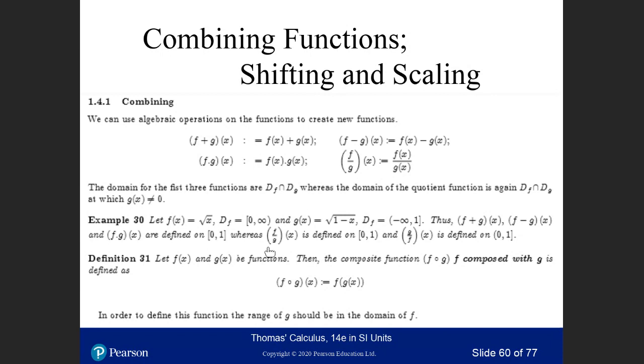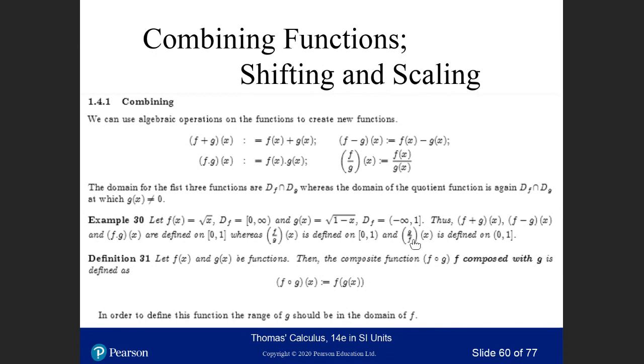Now when you take the ratio here, as you can see, g of x is 0 when x is equal to 1. So 1 is not included for the ratio function. The intersection of the domains is taken, and the points where g of x is 0 are not included. So it's between 0 and 1, where 1 is not included.